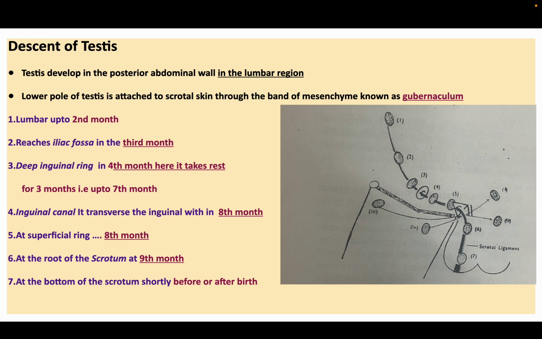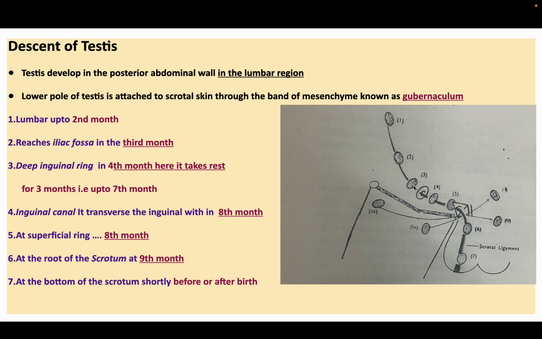Now coming to the descent of the testis. The testis develops in the posterior abdominal wall in the lumbar region. You can see in the diagram, the lower pole of the testis is attached to the scrotal skin through a band of mesenchyme called gubernaculum. Up to the 2nd month, the testis is lying in the lumbar region, number 1. Then it reaches the iliac fossa in the 3rd month, and the deep inguinal ring in the 4th month.